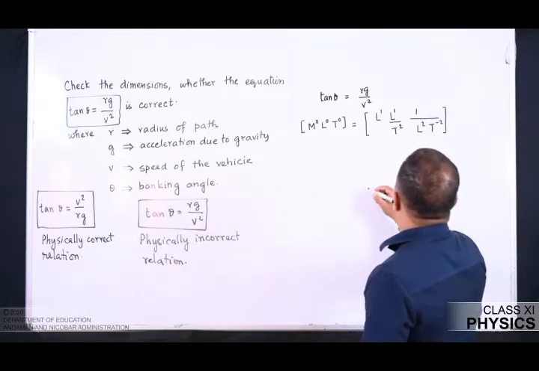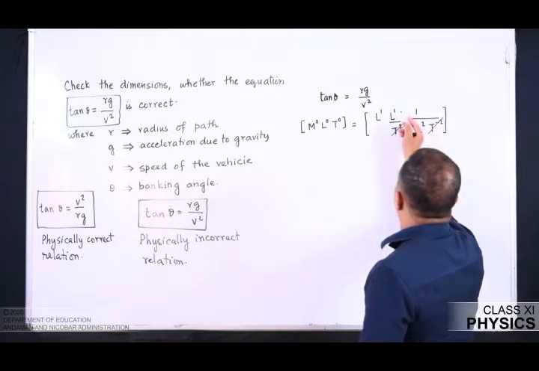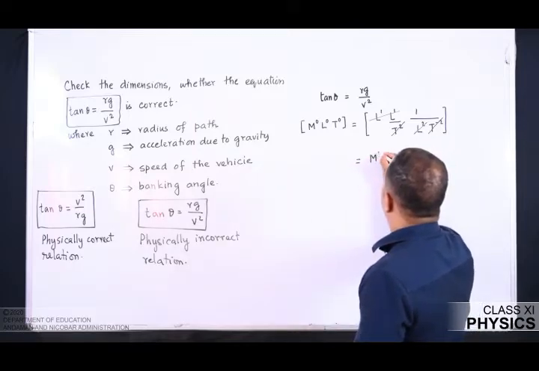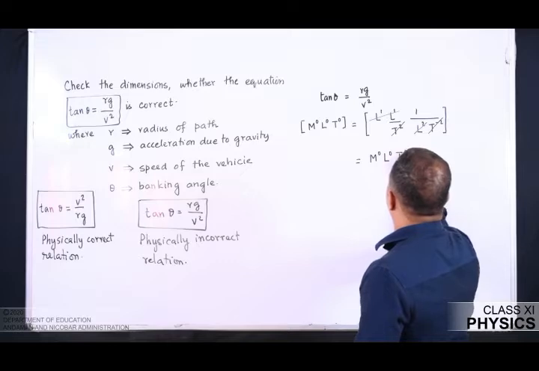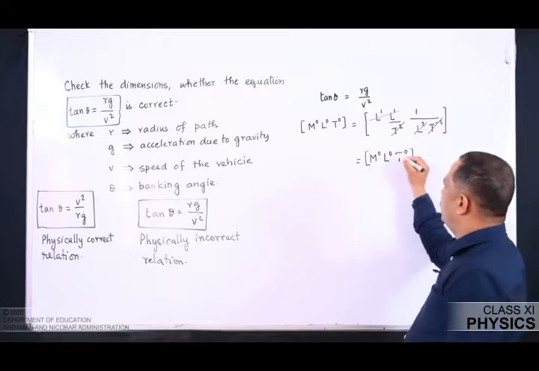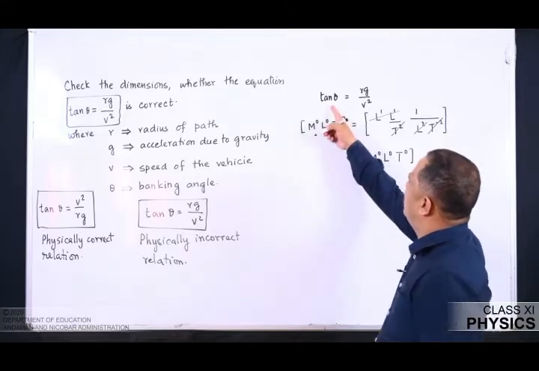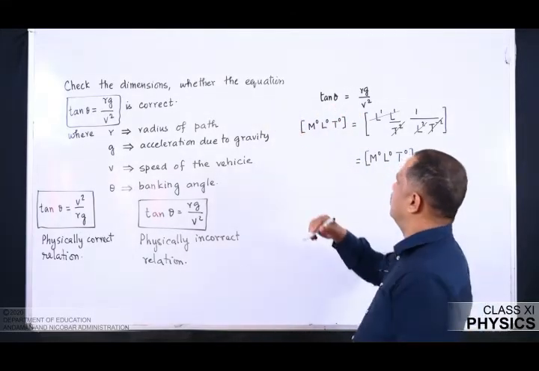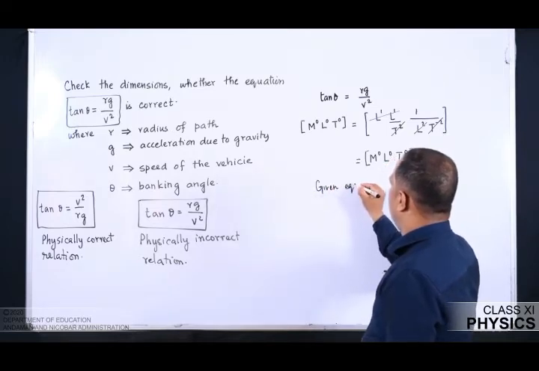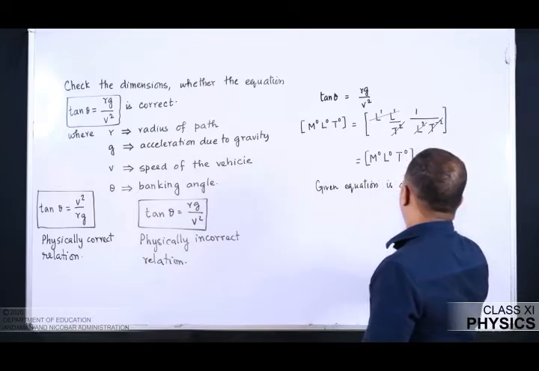So if I check, this dimension and this dimension go off, and this dimension and this dimension go off. I am left with m power 0, l power 0 and t power 0. So the right hand side also has 0 dimension in mass, 0 in length and 0 in time, which is equal. So I would say that the given equation is dimensionally correct.